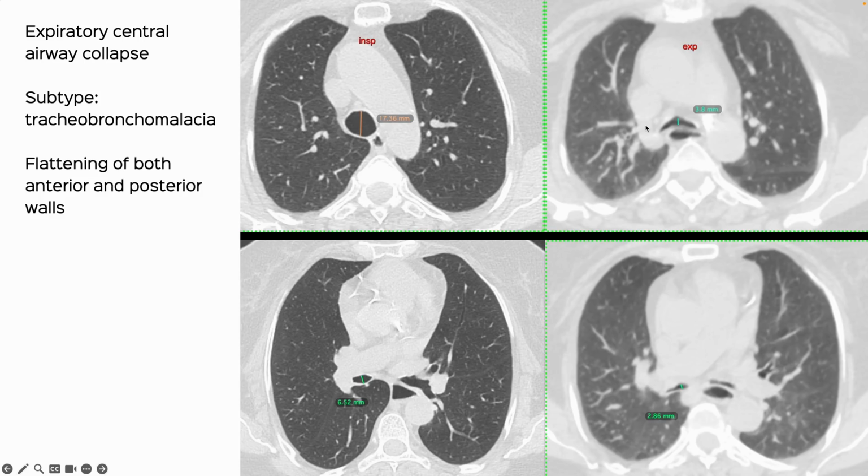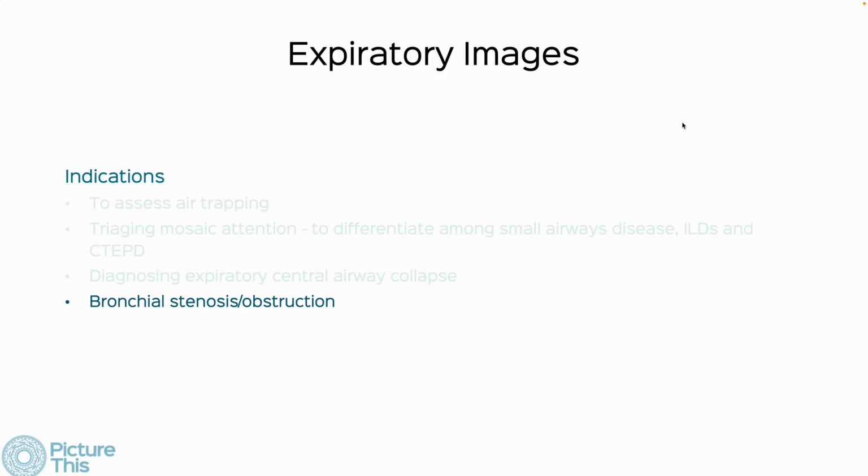And then you have tracheobronchomalacia, where both the anterior and posterior walls are flattened. You see that with the right main bronchus, and here you see it with the trachea. What the significance is is still debatable. It is important to report these, and then the chest physician or the pulmonologist has to figure out how relevant this is to the patient's symptoms.